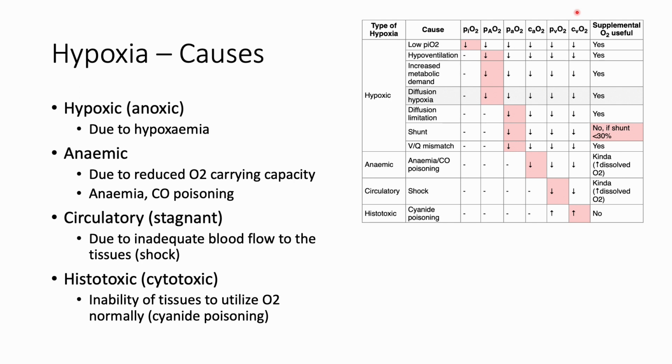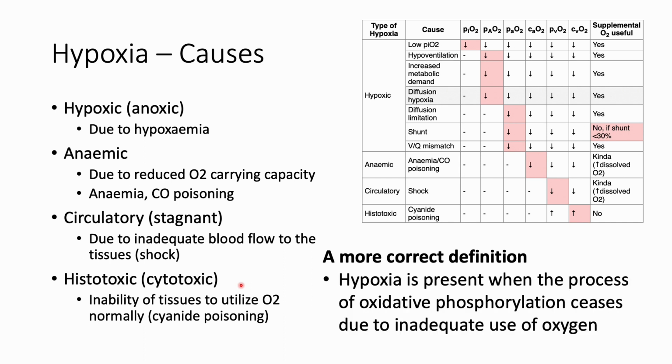So by now you've probably noticed that there's a problem with our definition of hypoxia, because histotoxic hypoxia doesn't fit into our definition where we defined it as low tissue levels of oxygen. So in this situation, there's actually normal or even potentially high levels of oxygen and it's a failure of utilization. So a more correct definition might be one like this, which I've taken from Brandis, where hypoxia is present when the process of oxidative phosphorylation ceases due to inadequate use of oxygen.